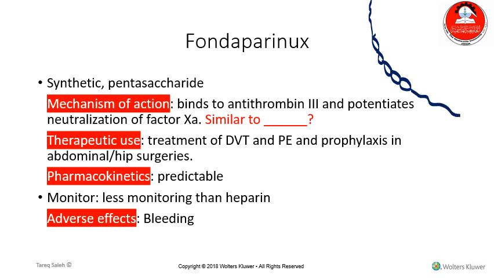So fondaparinux is basically just a synthetic pentasaccharide. We took that pentasaccharide from the heparin molecule and we now synthesize it as a drug. This is all you need to activate antithrombin 3.